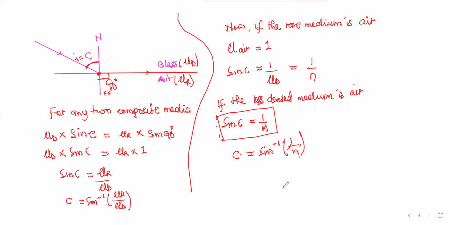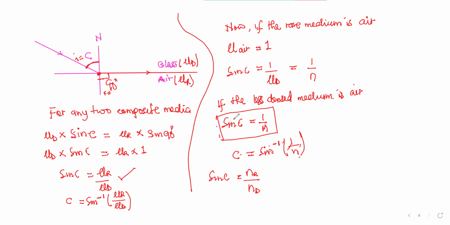If the less dense medium is not air, note that this is what will happen. Then sine C will be equal to the refractive index of the less dense medium divided by the refractive index of the denser medium. That is the difference.